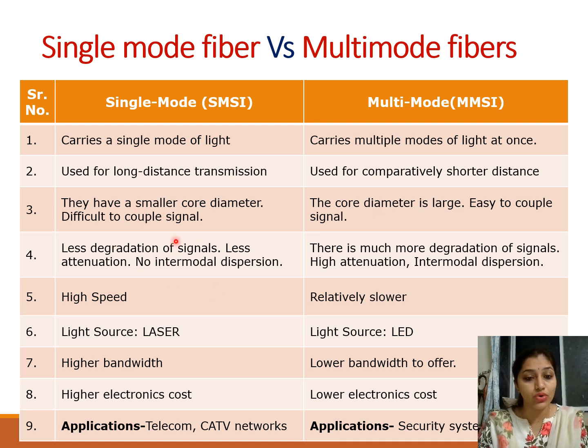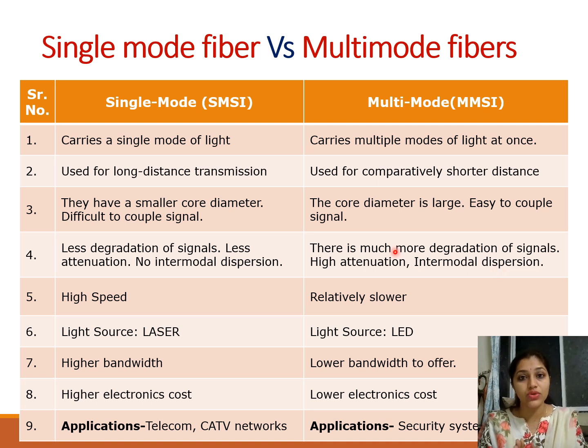Single mode fibers have smaller core diameter as discussed earlier. Difficult to couple signal. So it is very difficult to enter light into those fibers because diameter is very narrow. Whereas in case of multimode fiber, the core diameter is large and that is why easy to couple the signal. Here in single mode fiber, less degradation of signals, less attenuation, no intermodal dispersion because single mode is present. Whereas in multi-mode fiber, more degradation of signals, high attenuation.